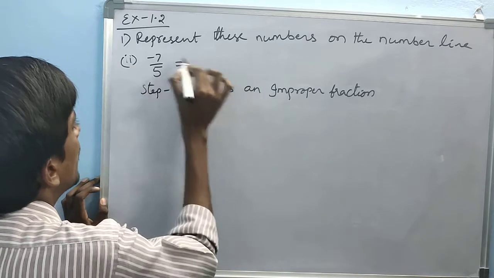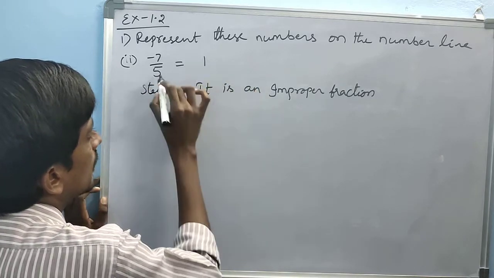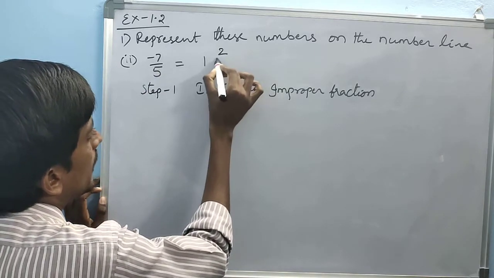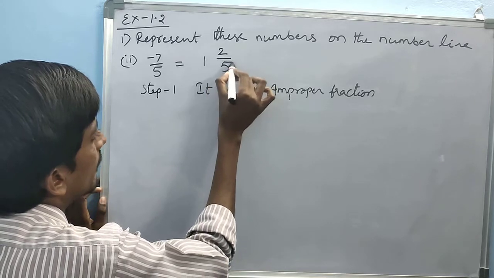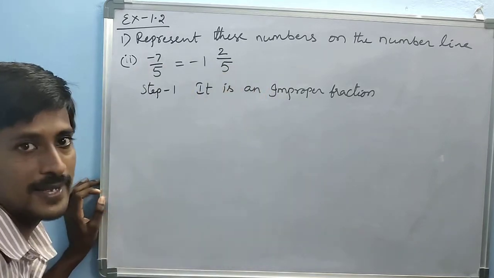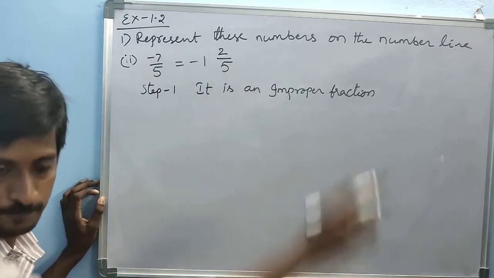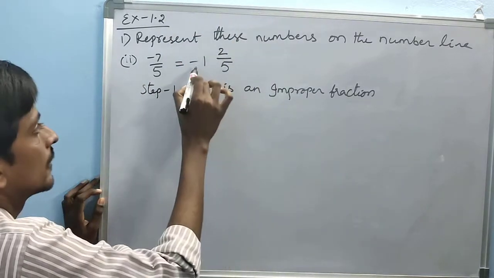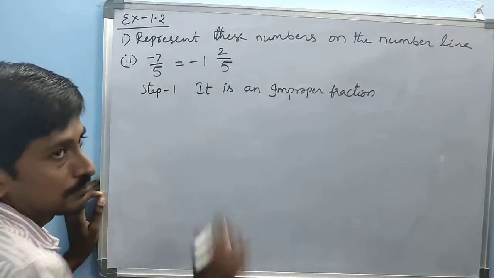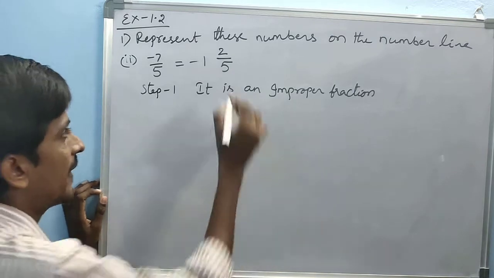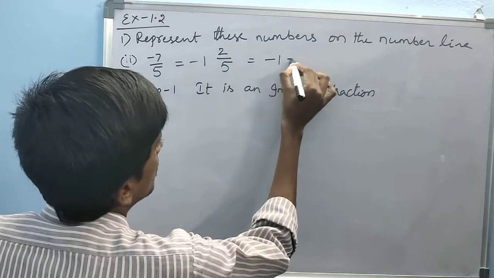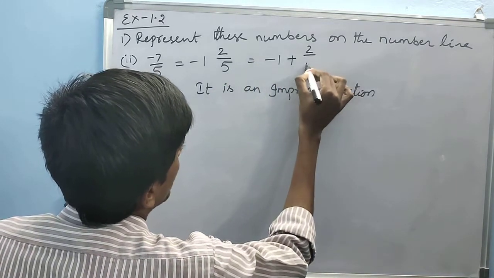So 5 ones are 5. What is the remaining? 2 remainder, by 5. So it is a negative number. So minus 1, 2 by 5. Minus 1 plus 2 by 5.